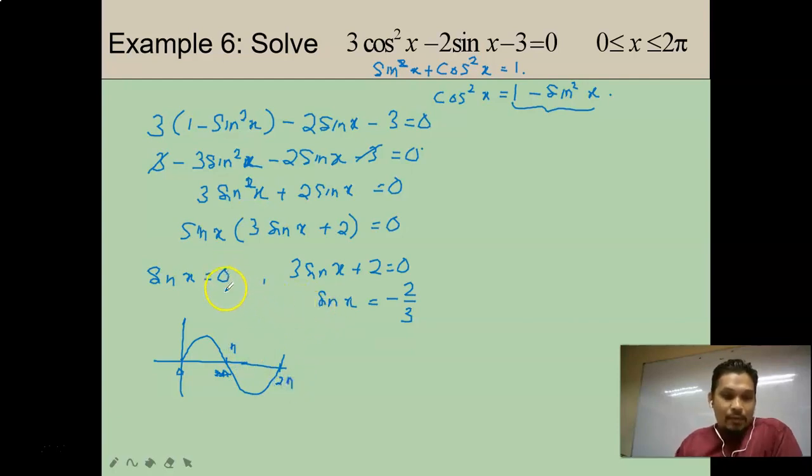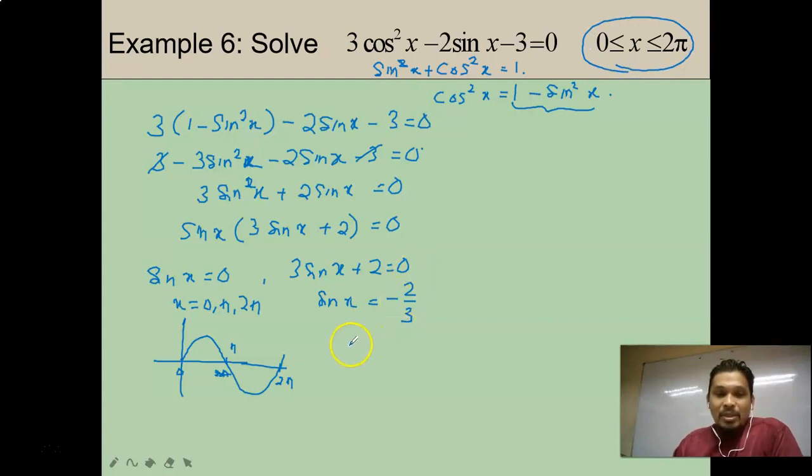So from this graph, x equals 0, pi and 2 pi. The limit is 2 pi because x is from 0 until 2 pi here.